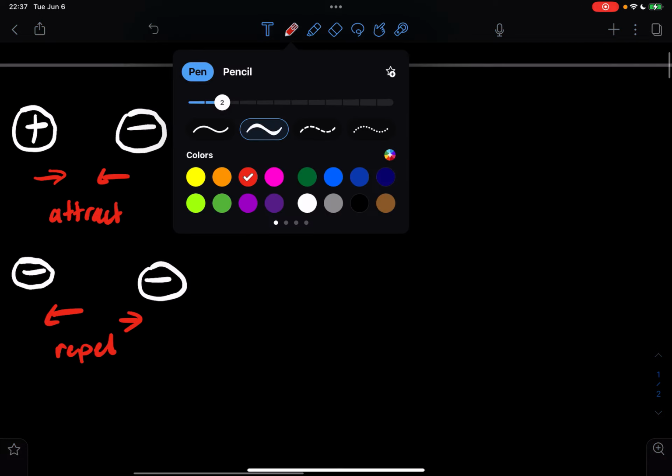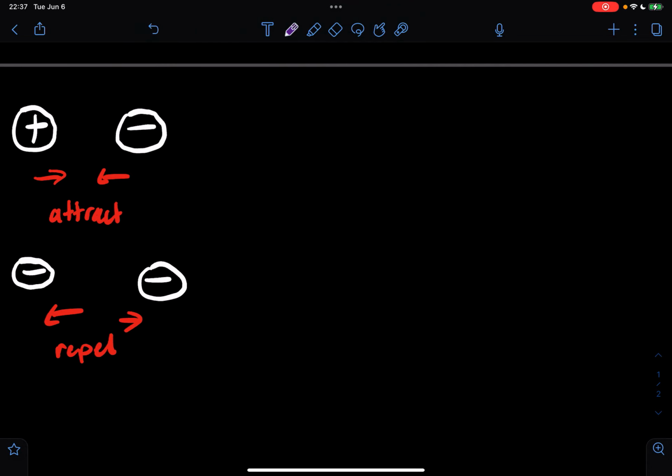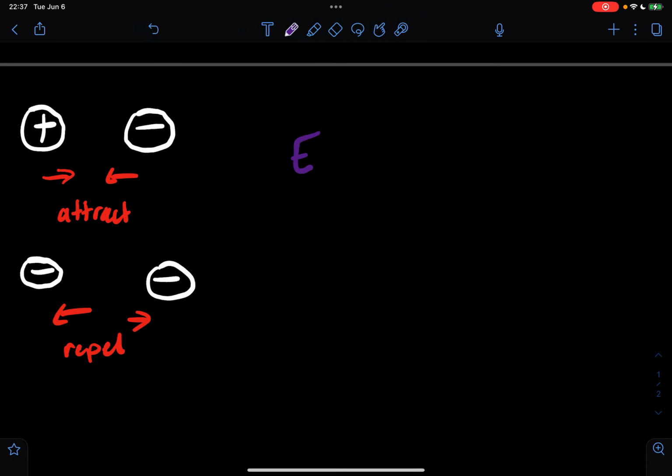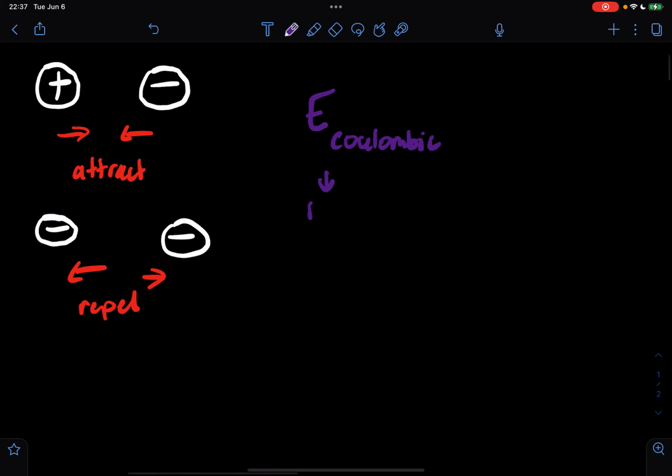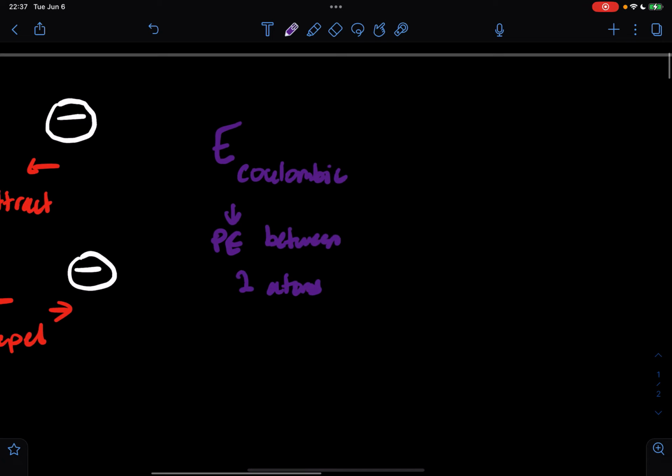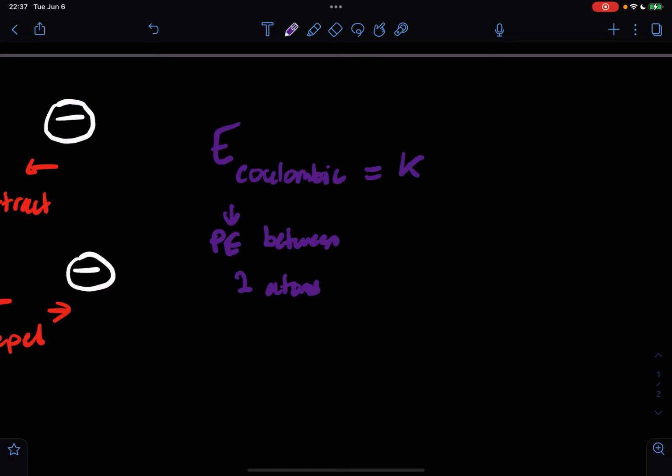And we can quantify everything from Coulomb's law into a neat little equation. So the Coulombic energy, which is just a fancy word for the potential energy between two atoms, is going to be equal to a constant.